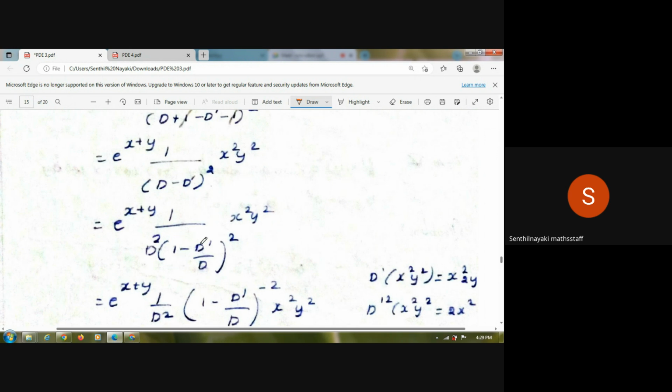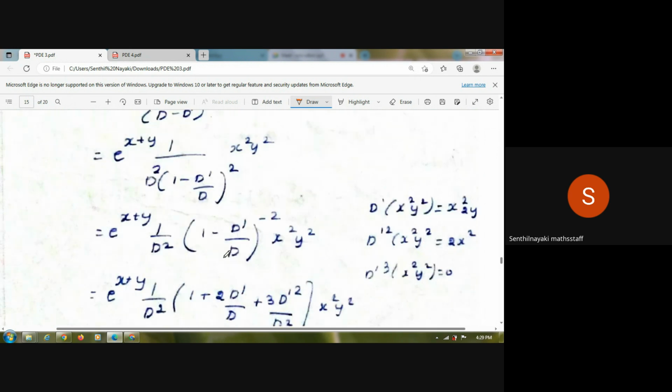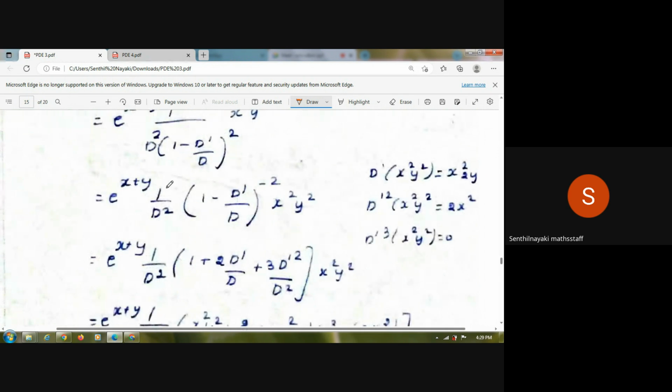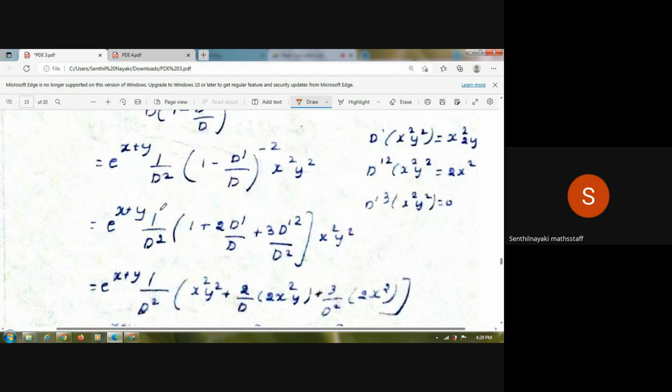The remaining term is (1 minus D' by D) the whole square. So e power x plus y, 1 by D square. Take this term into the numerator, then (1 minus D' by D) power minus 2 into x square y square.